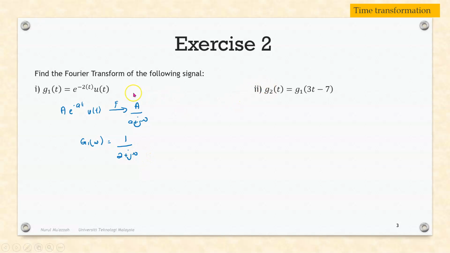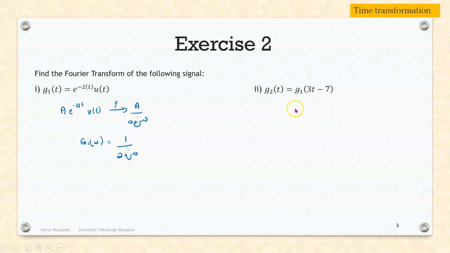Based on this answer, we need to find the Fourier transform for the new function, which is g2(t) equal to g1(3t - 7). Basically, this is a g1 function which has been time transformed.